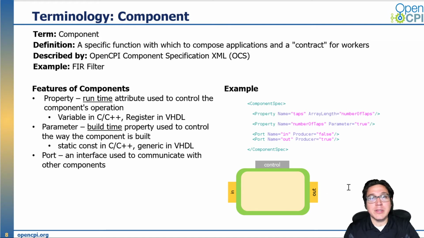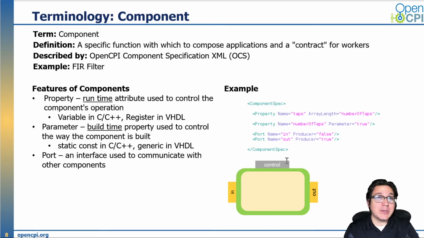So the input ports and output ports are what we call the data plane, and the control is the control plane. The example would be the FIR filter. Some of the control properties, you can modify the coefficients, the number of taps, and the coefficients of those taps using the control plane.